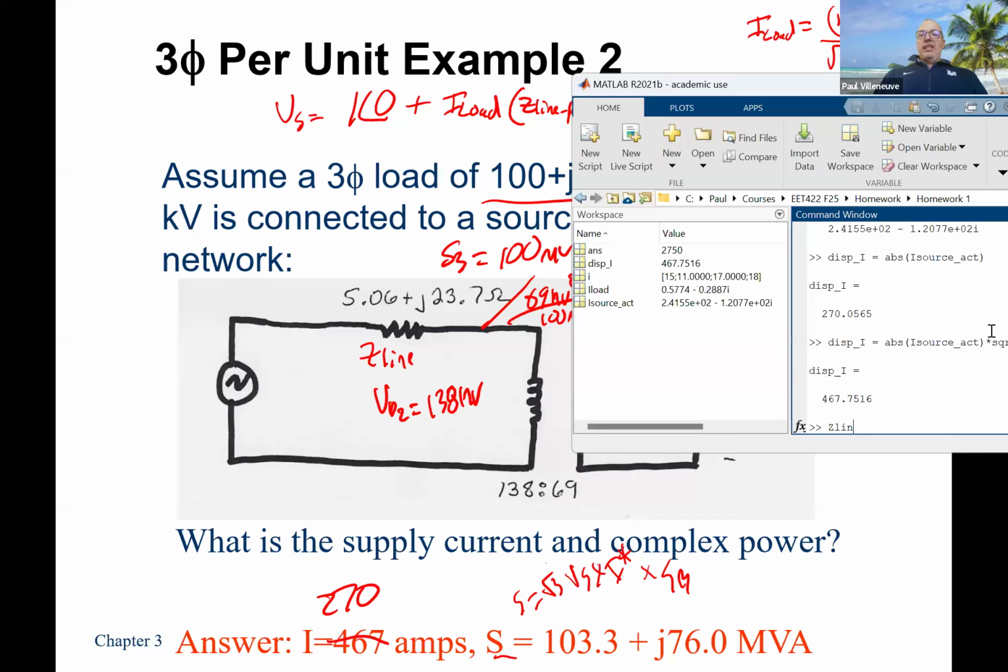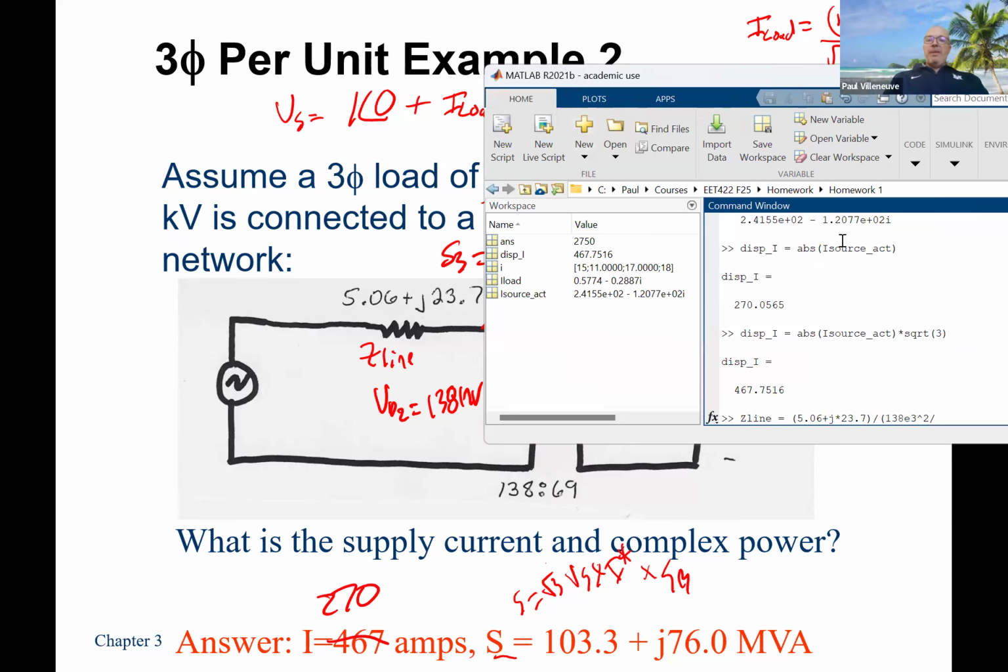So I'll go Z of my line is equal to 5.06 plus J times 23.7. And I get to divide that by S base of Z base, which is 138 kV squared. And then I divide that by S base, which is just 100.